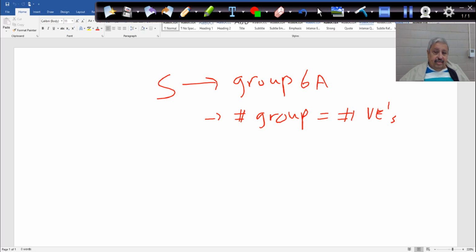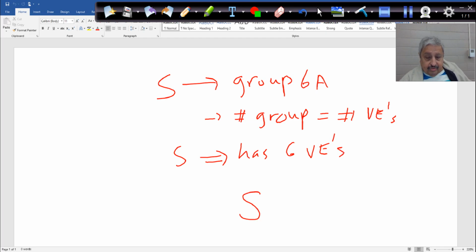So 6A, meaning sulfur has 6 VEs. So I can write sulfur here, and then I write one here, 2, one here, one here. It does not matter where, but one here, one here. Those are 6. Can I write them like this? S 3, 3, 3, 3.